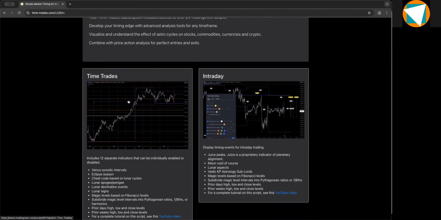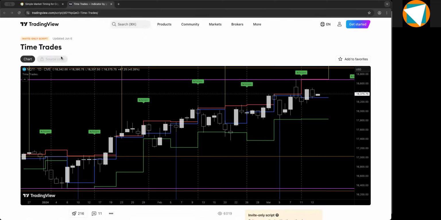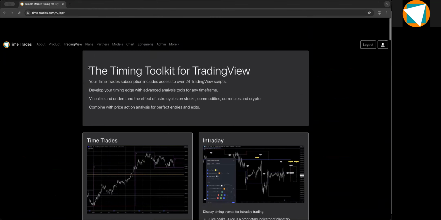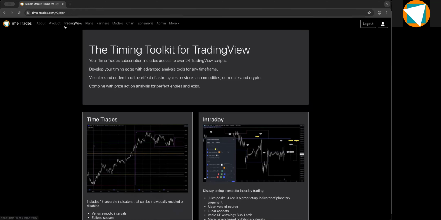And if you click on each of these pictures here, this will take you to the TradingView website where you can see the detailed information for this script. Okay, so that's where you can find the full list of scripts included in the plan.